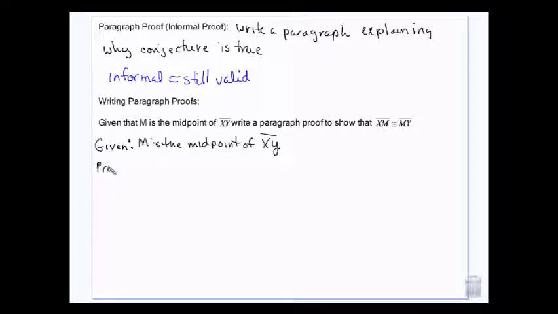And I want to prove that XM is congruent to MY. Okay, so I'm going to try to get from M is the midpoint to that makes these two parts congruent. Now I'm going to draw a picture. Here I have X and Y, and M is the midpoint. Okay, so I've got this picture. And then I'm going to write my paragraph.